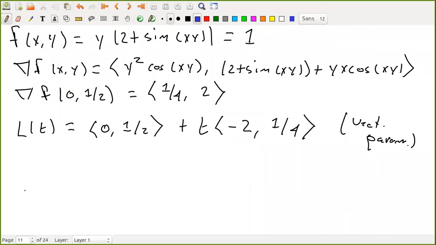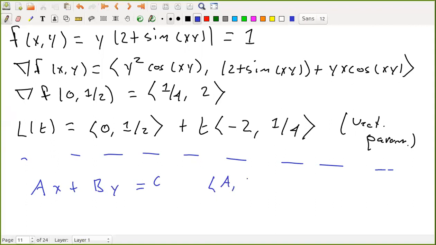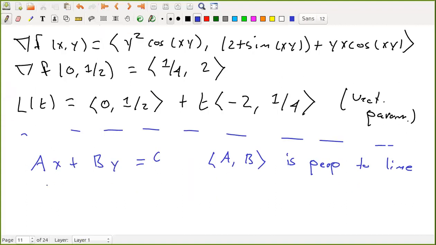So remember that the normal equation is ax plus by is equal to c, where (a, b) is a vector that is perpendicular to the line. But we know the gradient vector is perpendicular to the line. The gradient vector is 1/4, 2. So then 1/4 x plus 2y is equal to c.